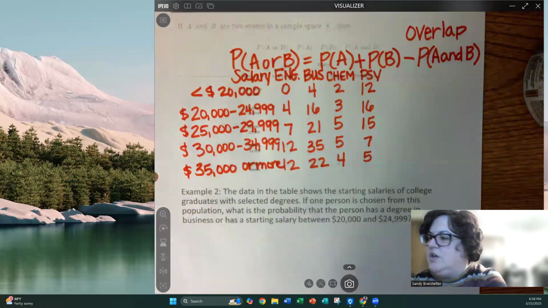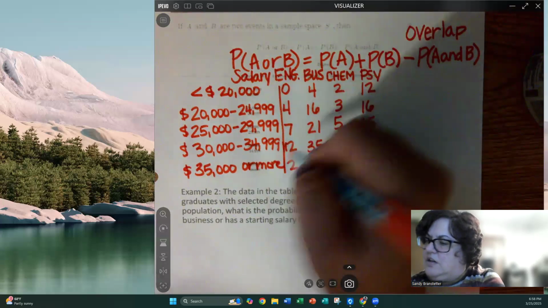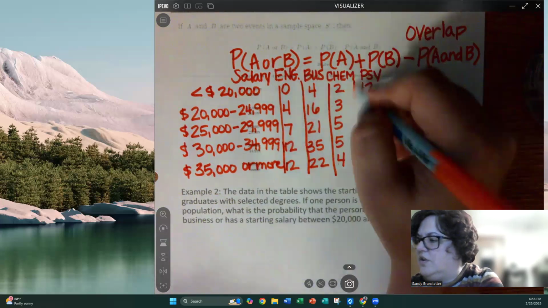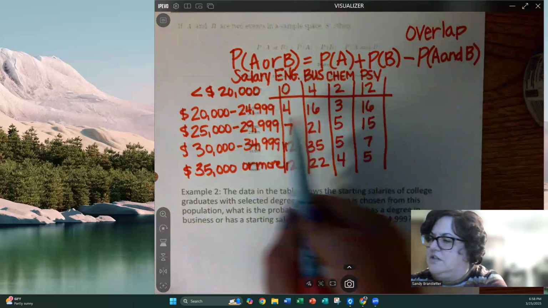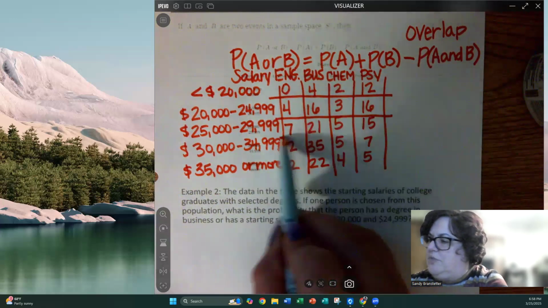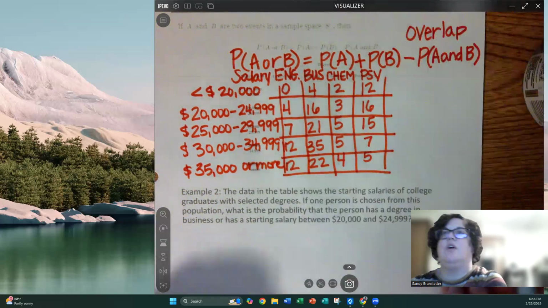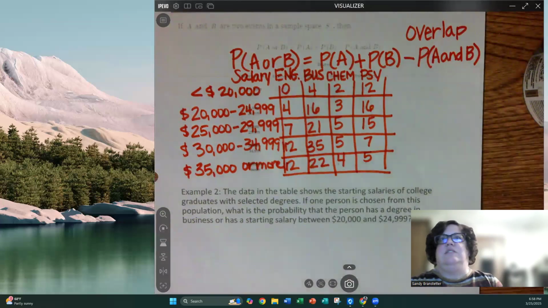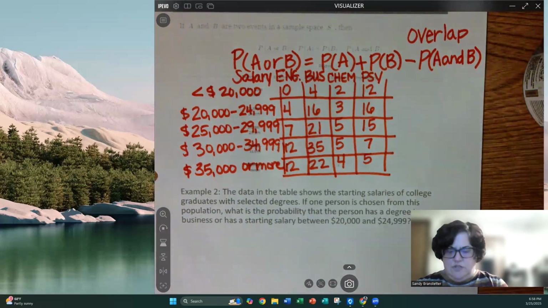Okay. So I'm going to go ahead and draw in some lines here. Make sure that still looks like 12. So that we have a table to look at. This information will be given to you either in the textbook or the homework problems or on the test. And so in this table, it says that data in the table shows starting salaries of college graduates with select degrees.